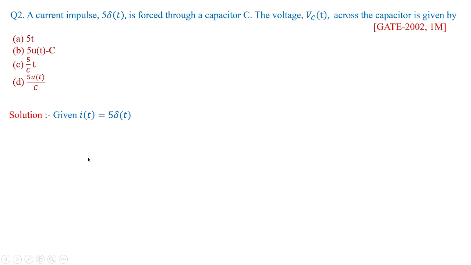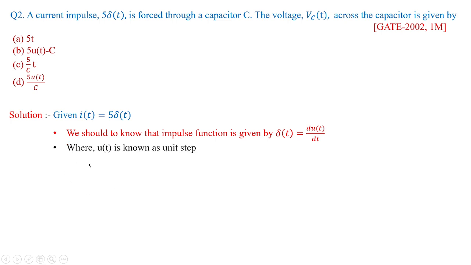Now from the given data, I of t is nothing but phi del of t, that is the impulse current function. It is shown here, and we should know that the impulse function del of t is equal to d by dt of u of t. Now u of t, as I told you, is the unit step. The formula for voltage across a capacitor is 1 by C integral I of t dt. This is the basic formula of voltage developed across the capacitor.